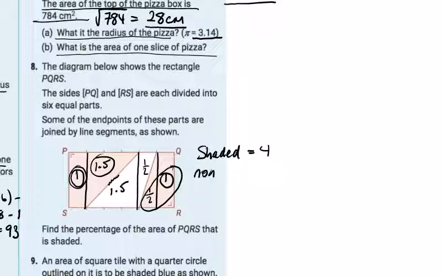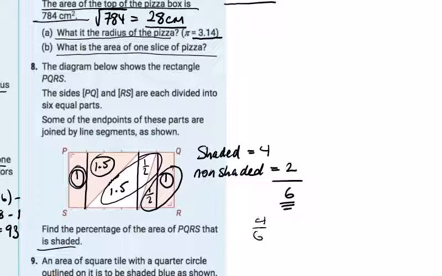And the non-shaded is equal to just 1.5 and a half, so just 2. So the total is 6, which we had said we were told at the beginning. So the percentage that is shaded is 4 over 6, which is 2/3 times 100, 66 and 2/3%.